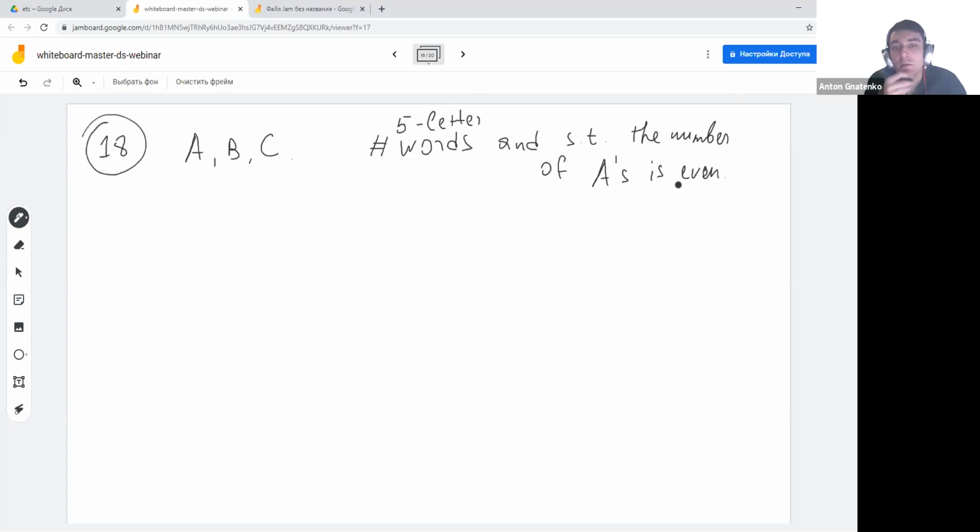So how many 5-letter words made of letters A, B, and C are there such that the number of A's in this word is even?